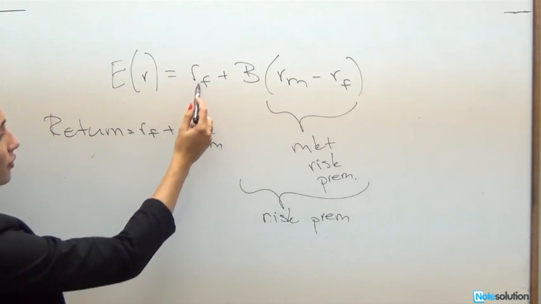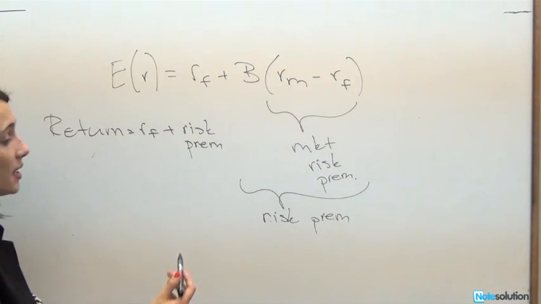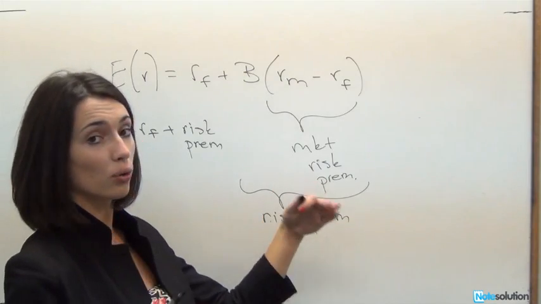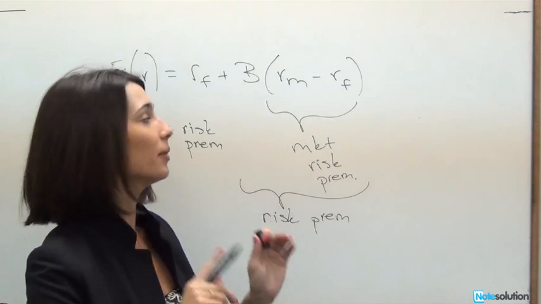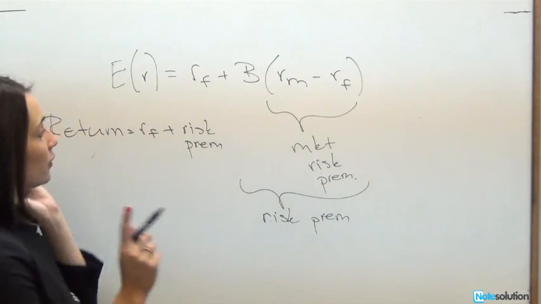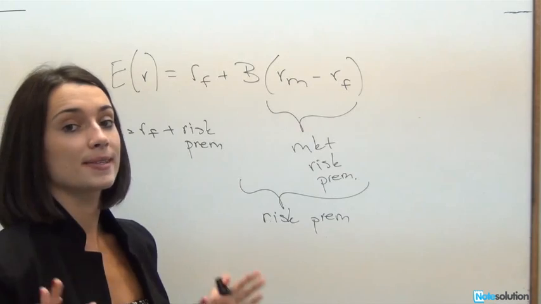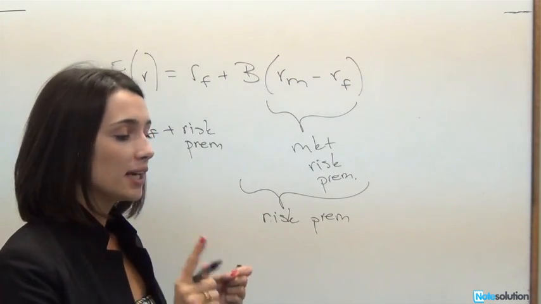In this case, the risk premium is the whole thing, beta times (RM minus RF).